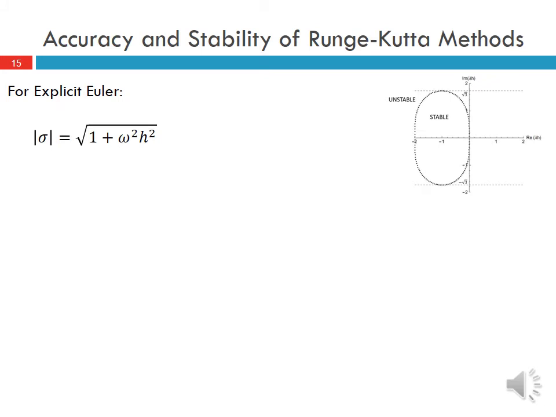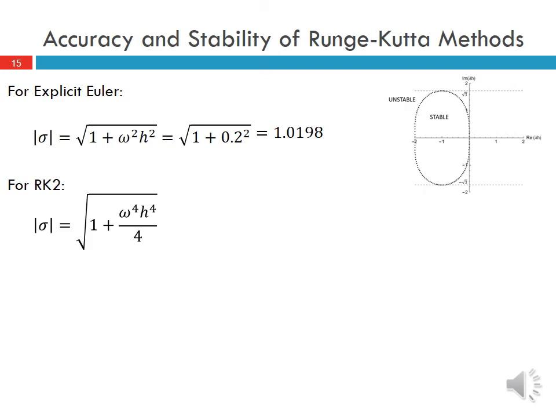For explicit Euler, our magnitude of sigma is the square root of 1 plus omega squared h squared. So with omega h equal to 0.2, this is 1.0198. For RK2, this was our expression for sigma. Again, plugging in 0.2 for omega h, we get 1.0002.